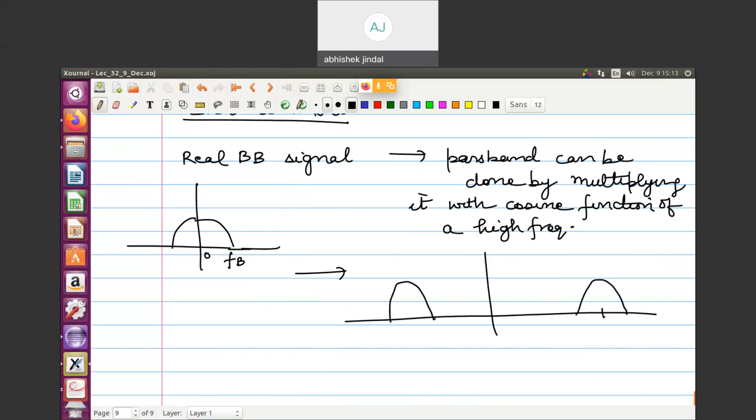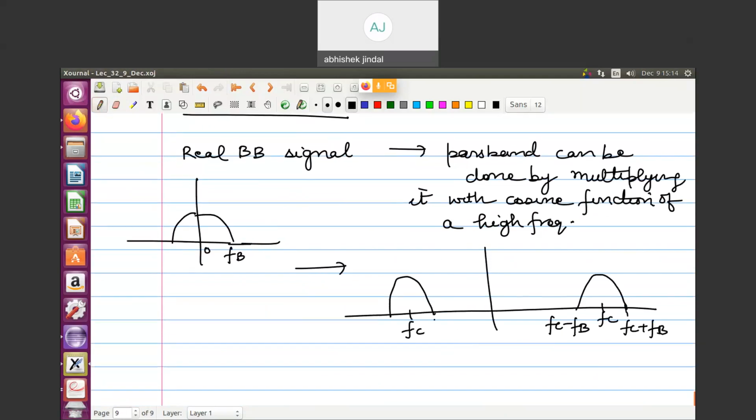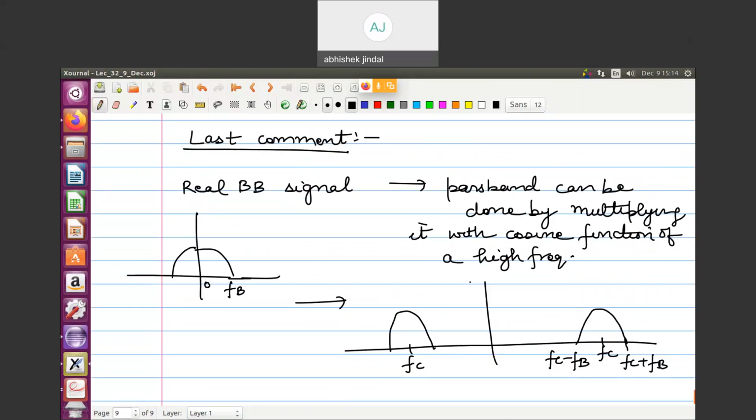This is your f c. Now it will be exactly at this place, f c plus f b, f c minus f b, and the corresponding ranges you will get here as well. So this can be easily done by multiplying with the cosine function.